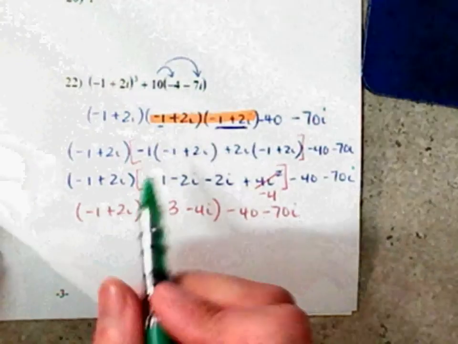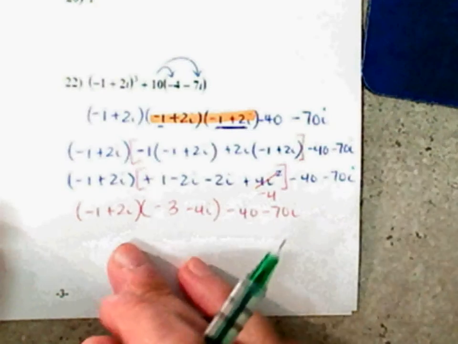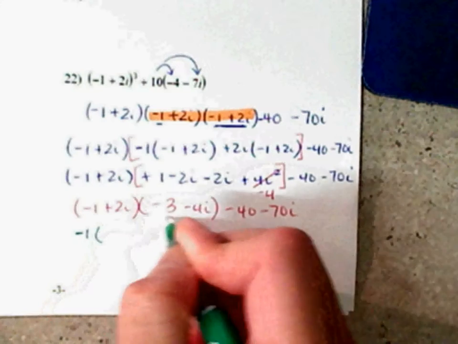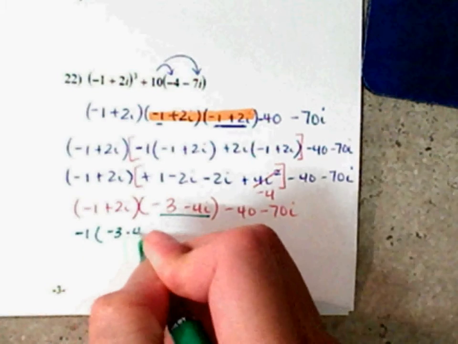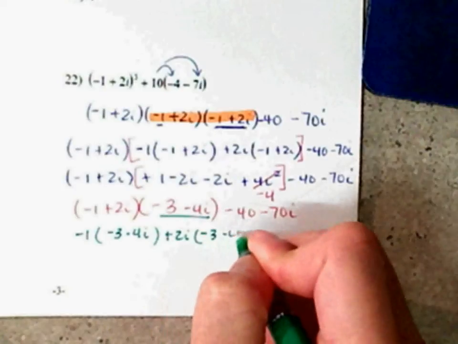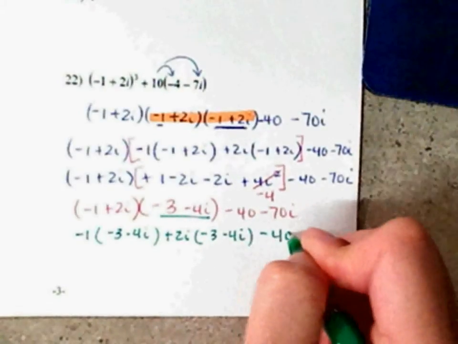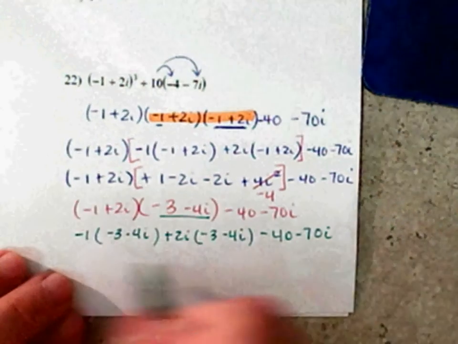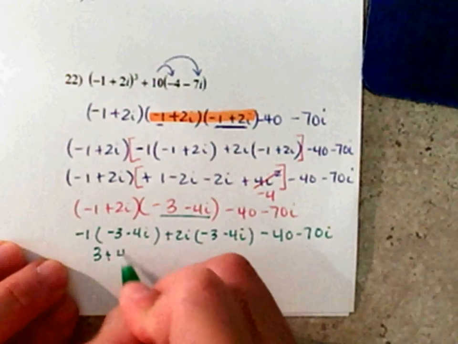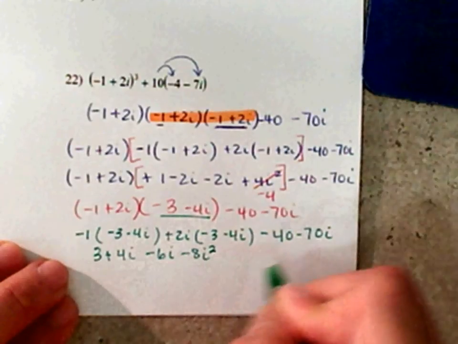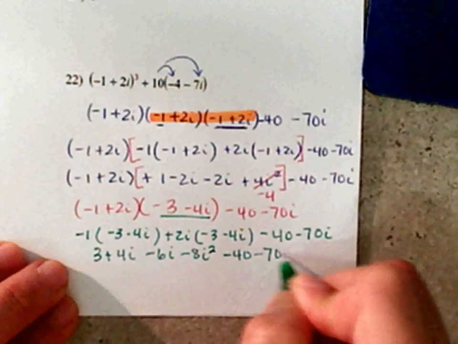So I'm going to distribute these guys. See it right there? So I'm going to take negative 1 times all of these. Negative 3 minus 4i plus 2i times negative 3 minus 4i minus 40 minus 70i. Okay? Distribute: 3 plus 4i minus 6i minus 8i squared. Now I can bring all those down and take care of it.